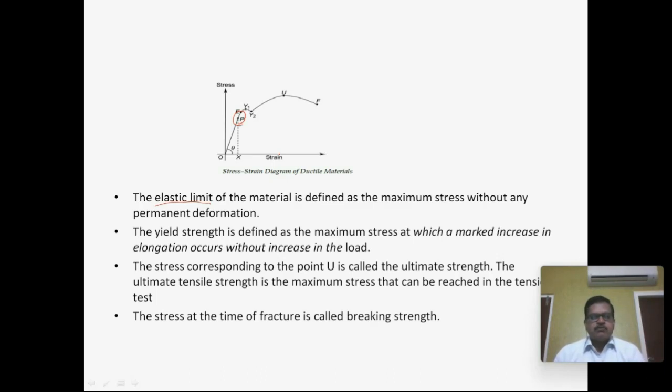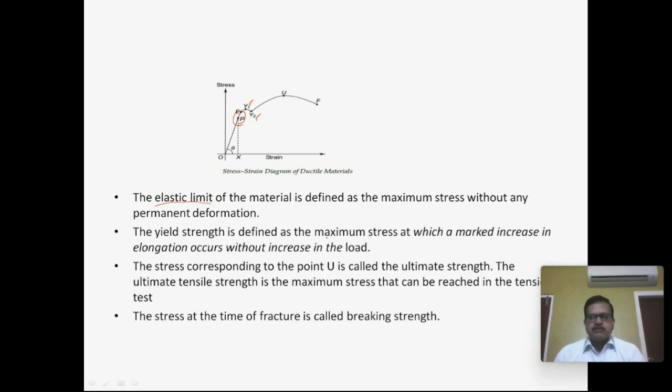Next, the points y1 and y2 are the yield points. So upper yield point y1 and lower yield point y2, these are significant for mild steel, but these are not significant for other materials where simply instead of y1 and y2 we mark only y.